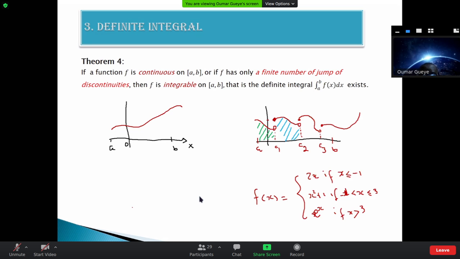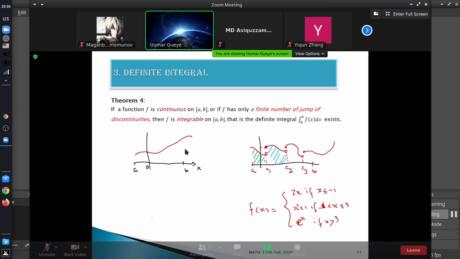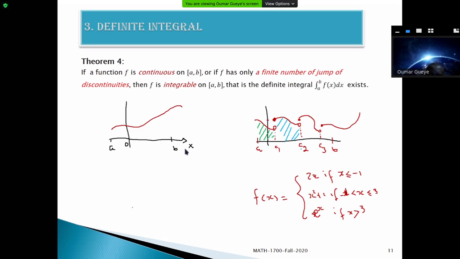In this case, you cannot calculate it as just one integral. You have to use two integrals. You integrate from A to C1 first, plus the integral from C1 to C2, and you're done. So you have to add the two areas. Thank you, sir. I got it. Thank you.